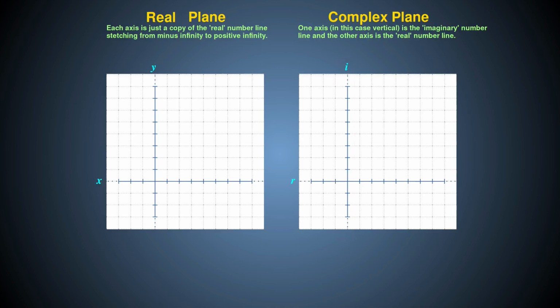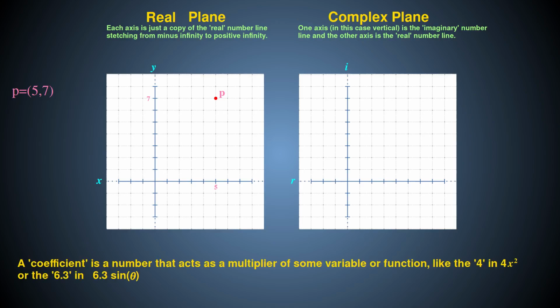For the simple real Cartesian plane, the members of a coordinate point are often just written as 2 numbers, like this. However, these numbers are actually multipliers or coefficients of some units.